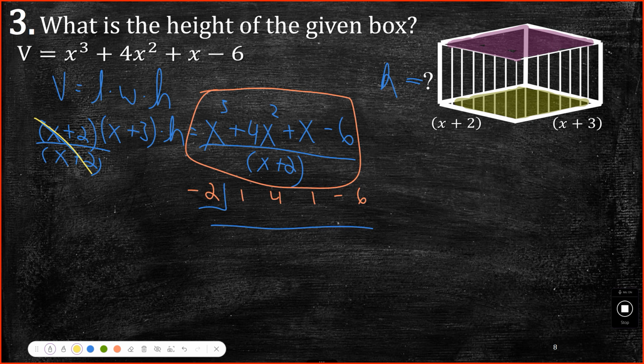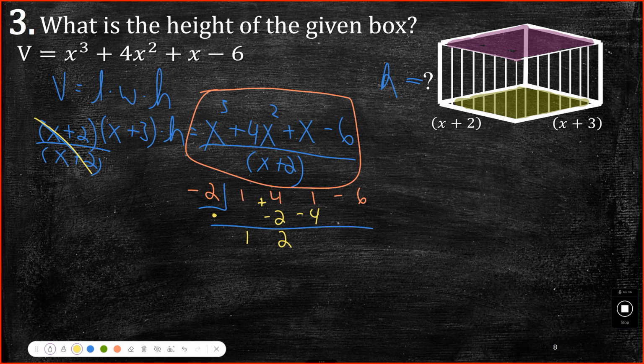How do we get started? Bring the 1 to the bottom of the big line. That's how we get started. Then multiply the number in the box times that number down there, which is -2, and then we add down. 4 plus -2 is 2. -2 times 2 is -4.